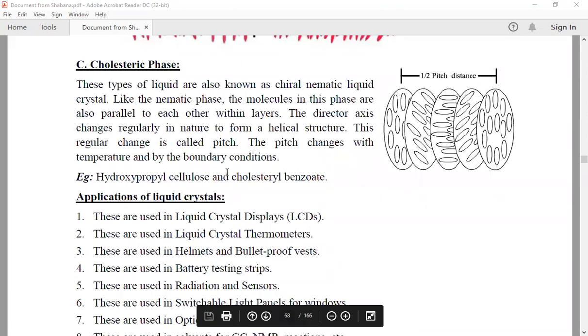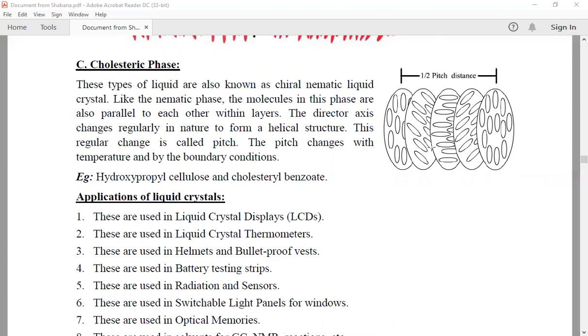Coming to the third type of phase, which is known as the cholesteric phase or cholesteric liquid crystal. The name of this liquid crystal originated from the fact that many derivatives of cholesterol form this structure, and the molecules are chiral.